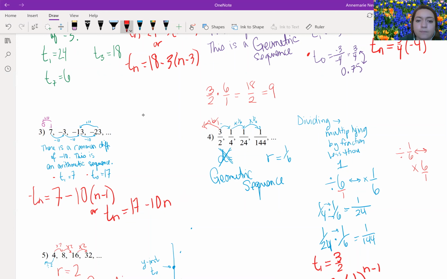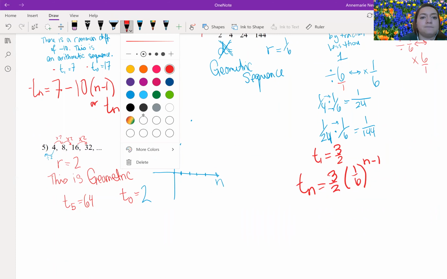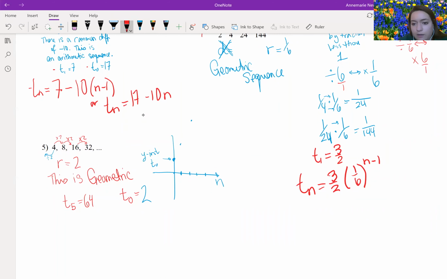That means my 0th term is going to be 9. So I can write another equivalent equation: T sub n is equal to 9 times 1/6, that's our common ratio, raised to the nth power, just like n minus 0.